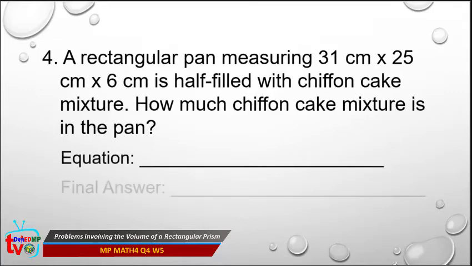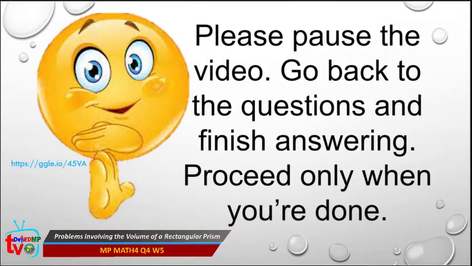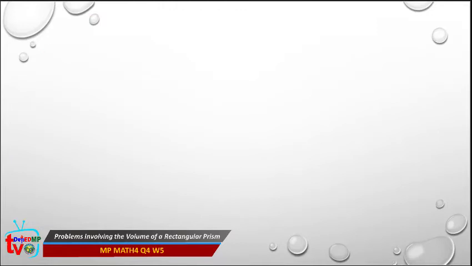Write your equation and your final answer. Once again, pause the video, go back to the questions, and finish answering. Proceed only when you're done. Are you ready for the answers?